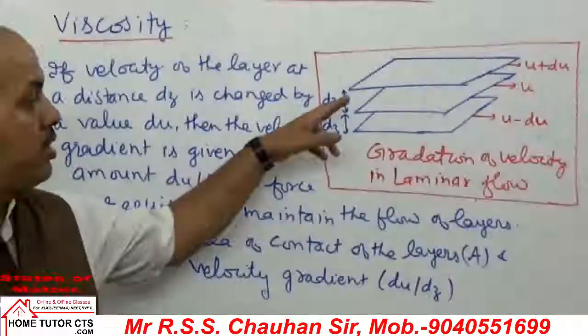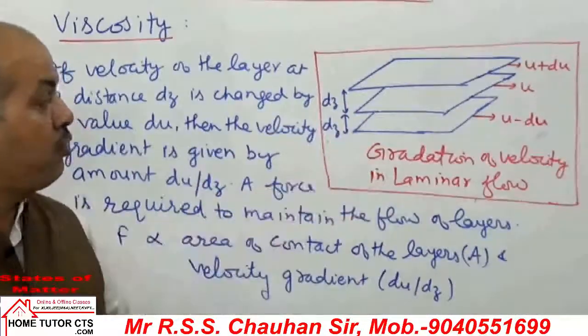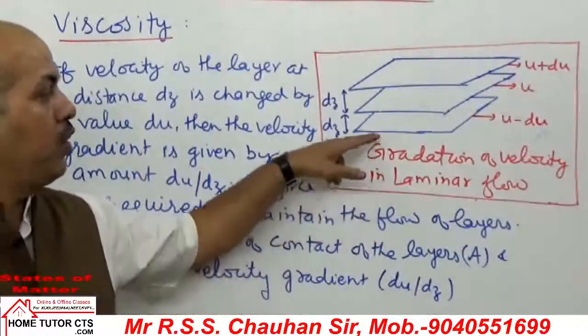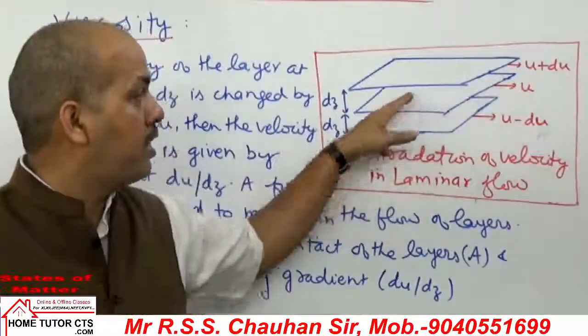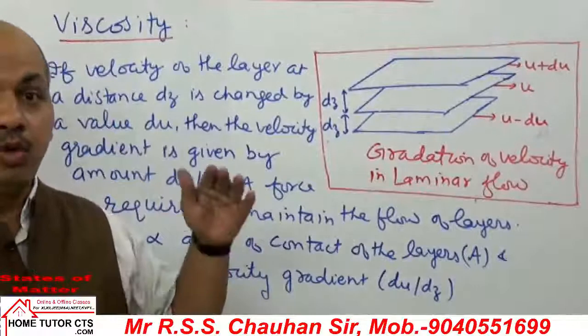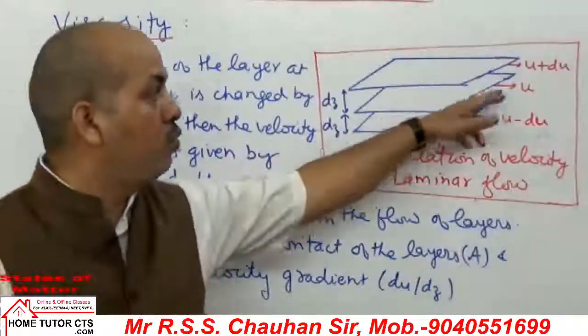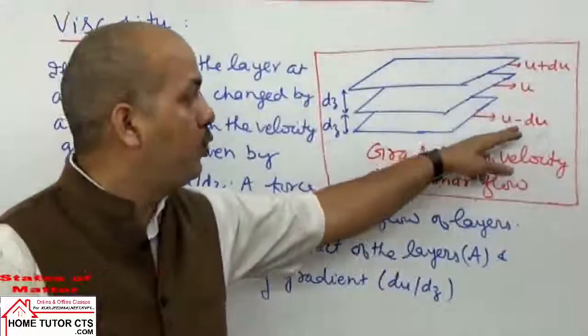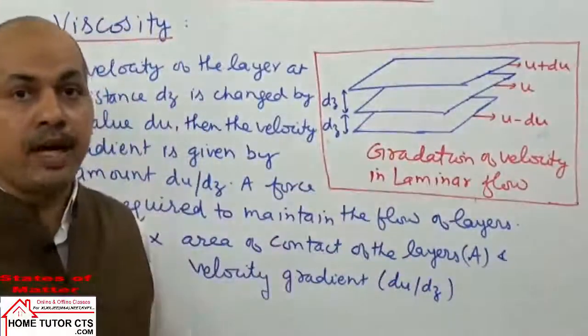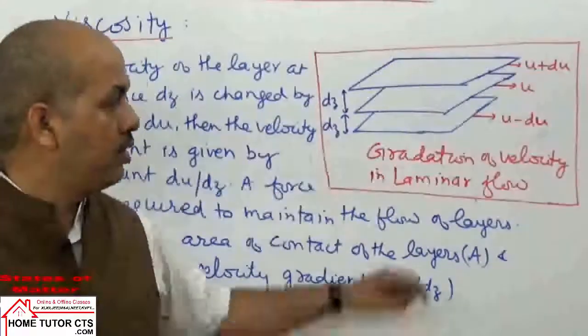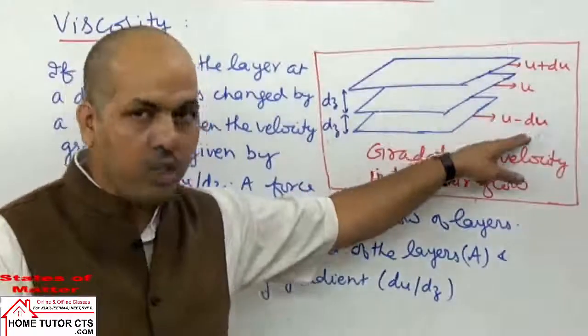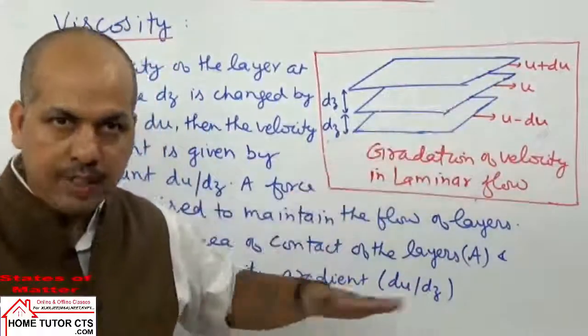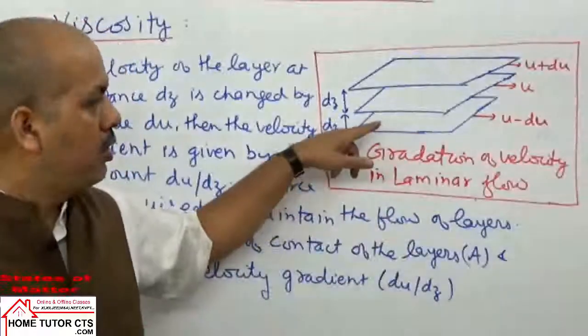Now suppose we take this rough diagram for the gradation of velocity in laminar flow. Suppose we take this as a reference middle layer, which is traveling at a speed u, and the lower layer has lower speed, u minus du, and the upper layer has higher speed, u plus du. The lower layer has lower speed because of frictional force.